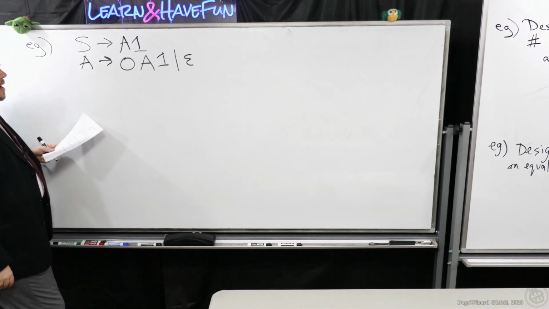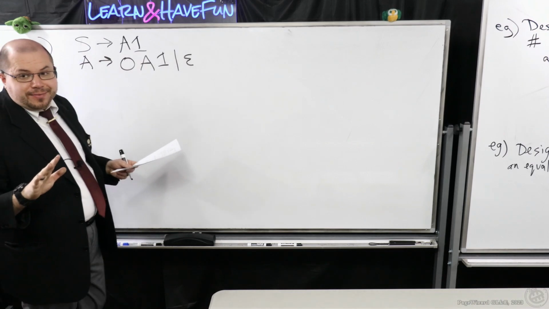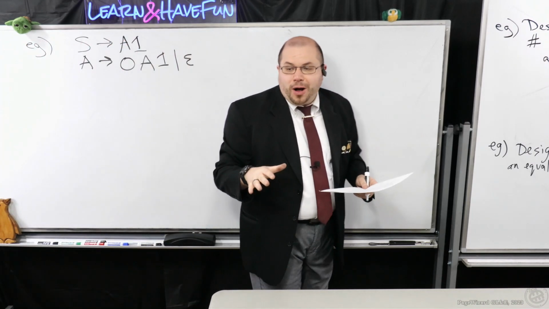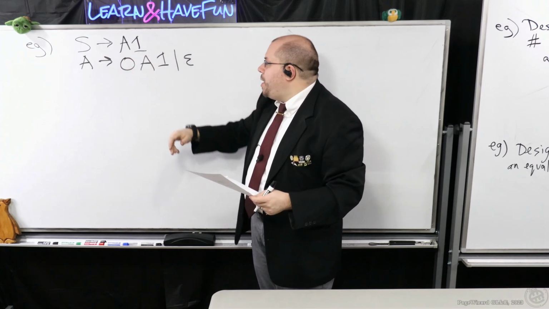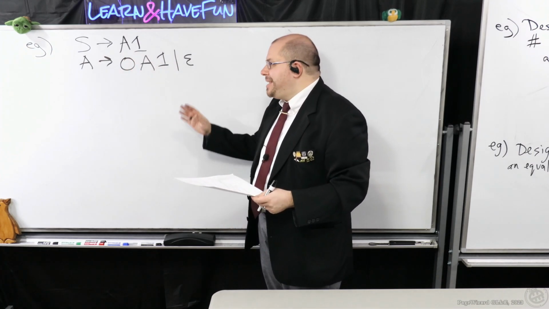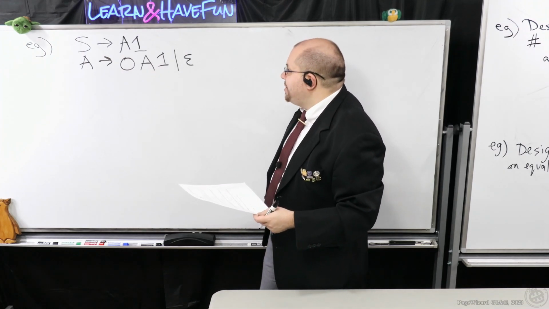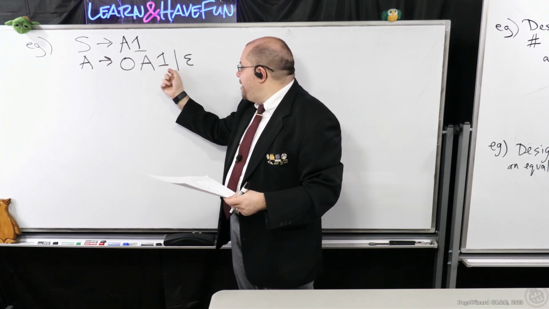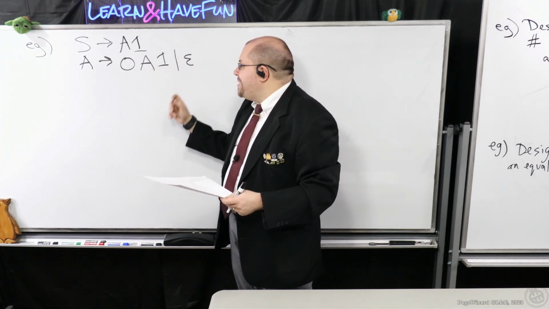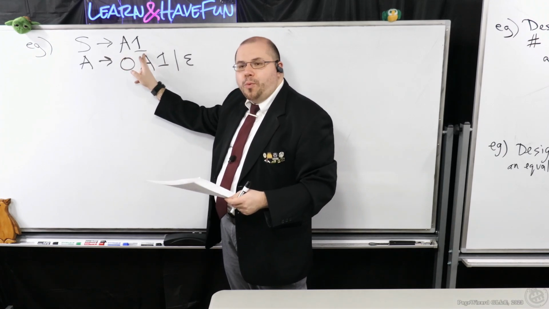Well, you know right away that there's going to be a 1 at the end of the string. You could tell right away. Why? Because S gets replaced by A, then a 1. But there's nothing that comes after the 1. So you know there's a 1 already at the end. So let's look at A. And it says 0 A 1, or epsilon. So if we stopped at A and put it here, it'd just be a 1, right?